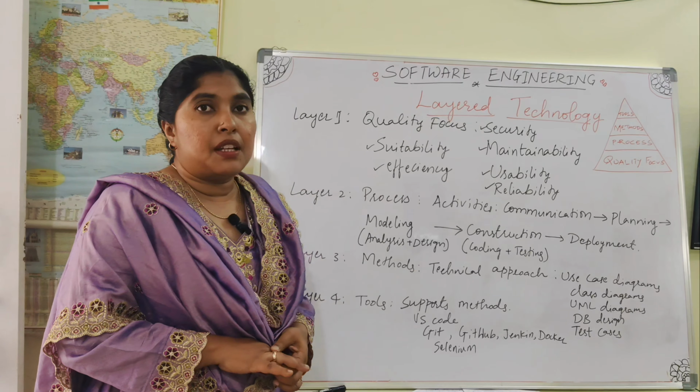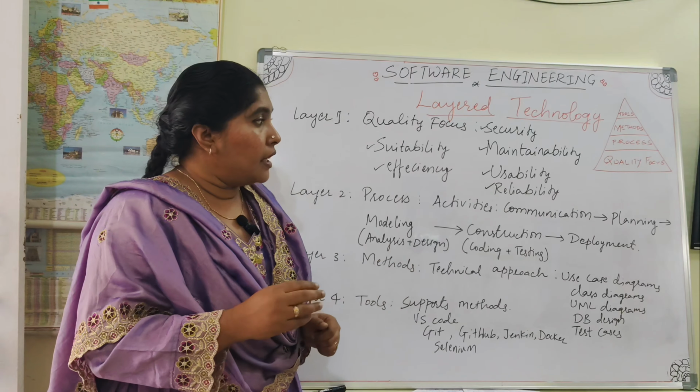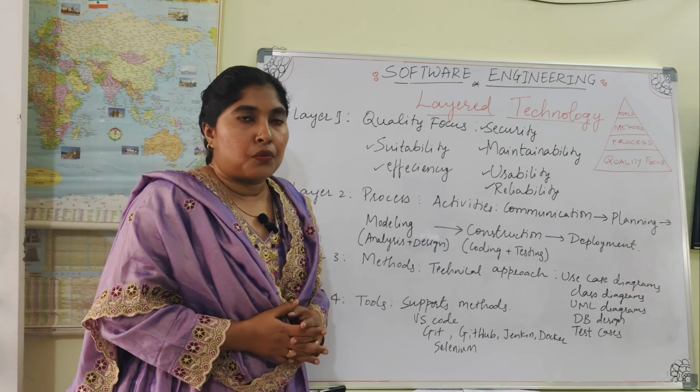So these qualities play a major role, or act as a foundation, in the process of software development. The next layer is process, which sits on the quality focus. It provides a framework, or a set of activities like communication, planning, modeling, construction and deployment, so that you can develop the software in an organized way.